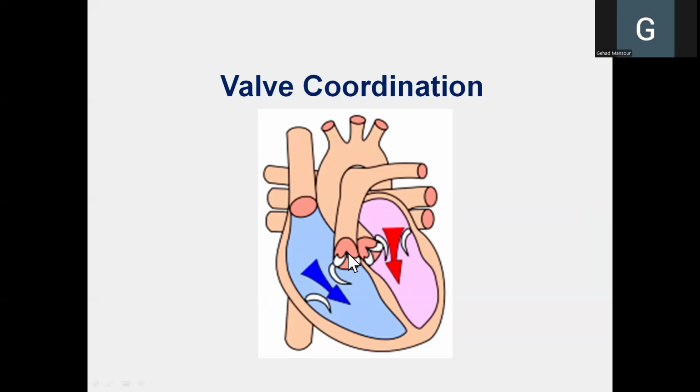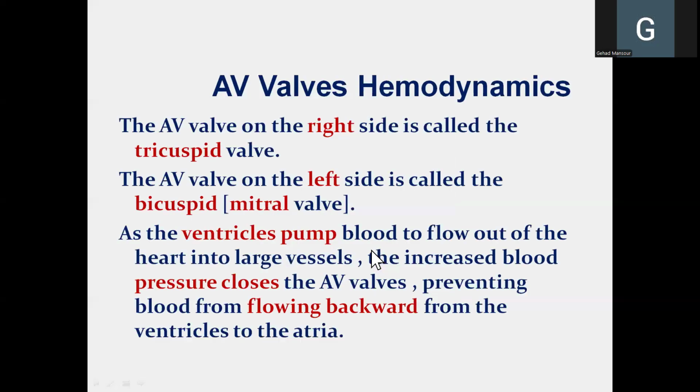And this is normal because during diastole of the left ventricle, the semilunar valve should be closed to prevent regurgitation. So if I ever ask you to explain how valve coordination occurs, you can take this specific example of diastole when the atrioventricular valves are open and the blood passes from the atria to the ventricle, but meanwhile, the semilunar valves should be closed.